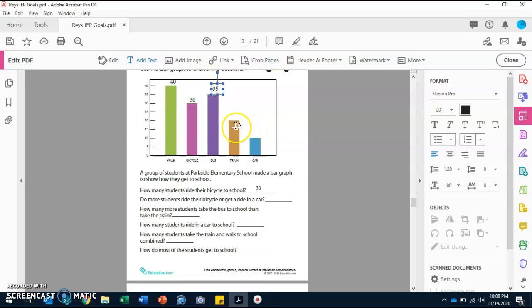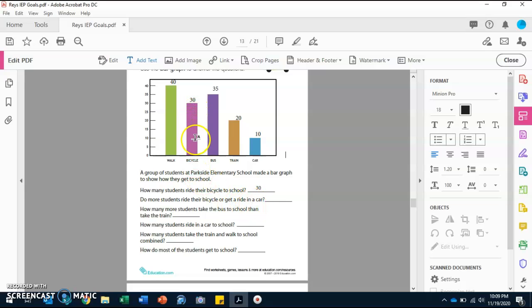What about a train? How many go on a train? Yes, 20 go on a train. And what about the car? Can you tell me how many go in a car? 10 students go in the car. So now that we've done this, it should help us a lot more. It says, do more students ride the bike or ride in a car?